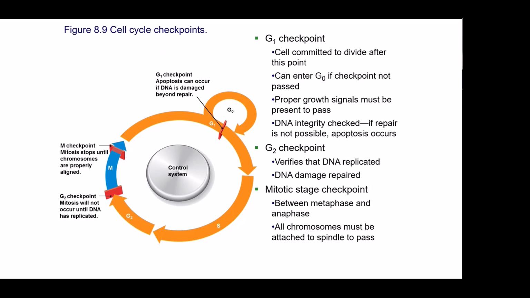So this is a situation where the cell might not really want to go on. The cell cycle would be impossible, and there really is nothing that could be done with the cell that was going through this process. And so this is a form of selective cell death with apoptosis.